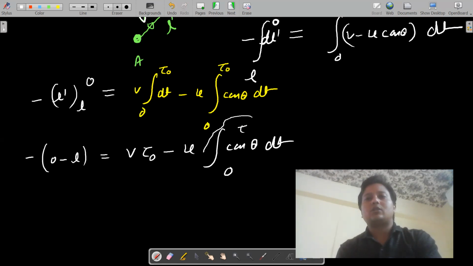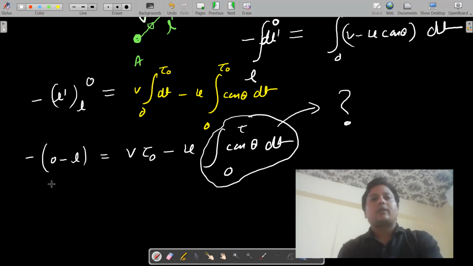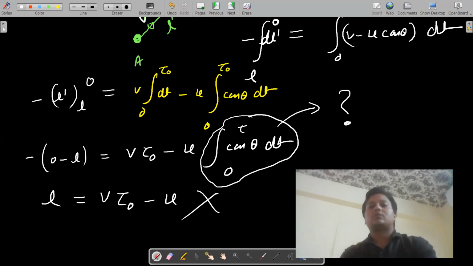And this term is an unknown one. So L equals v tau naught minus u times the unknown term. And we have to find another equation.